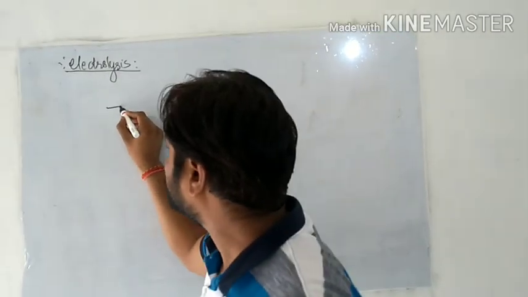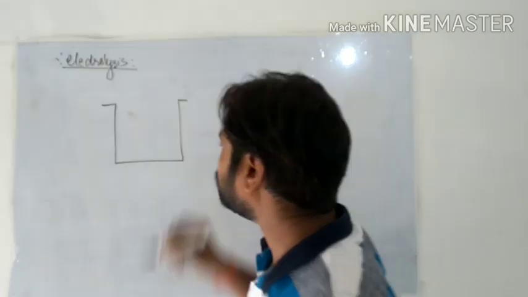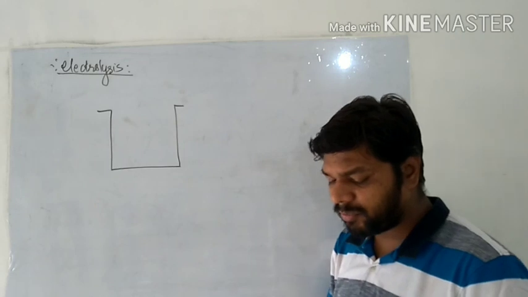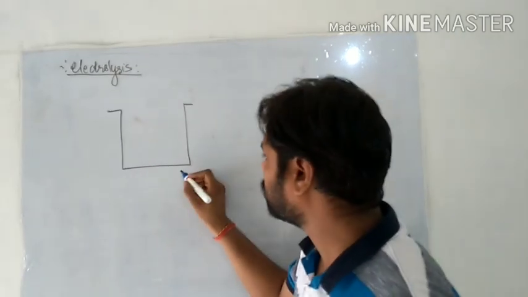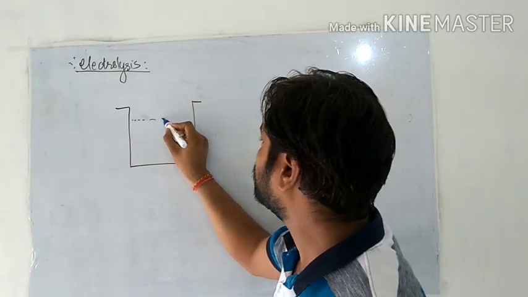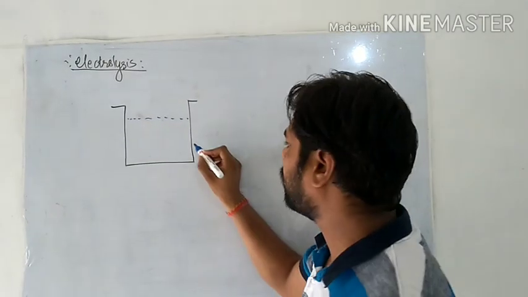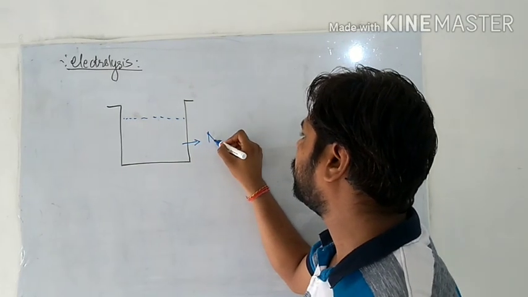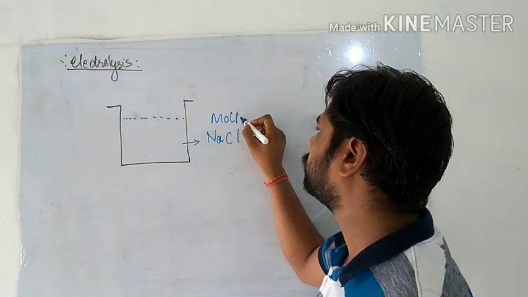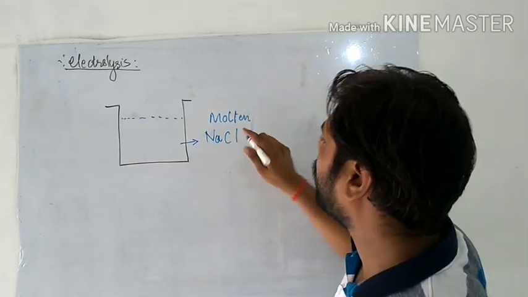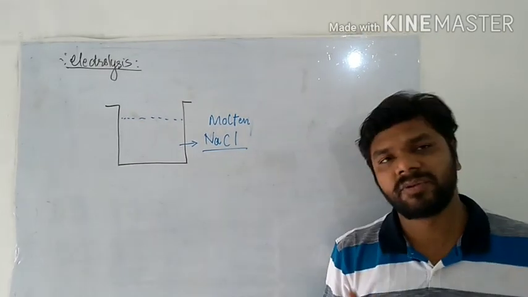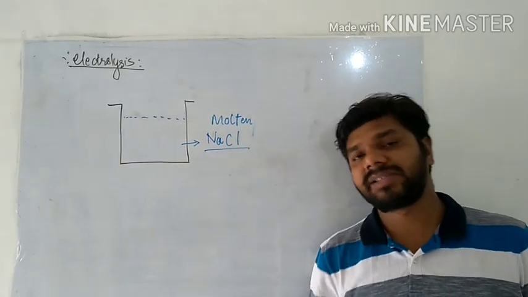Suppose this is the aqueous solution of sodium chloride. Instead of aqueous, let us take molten NaCl, molten sodium chloride, meaning the sodium chloride is melted, and we will pass the current then.